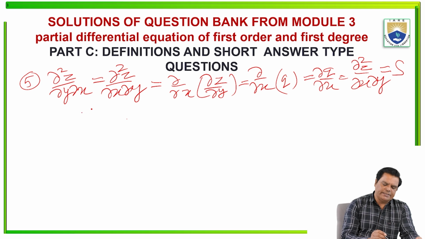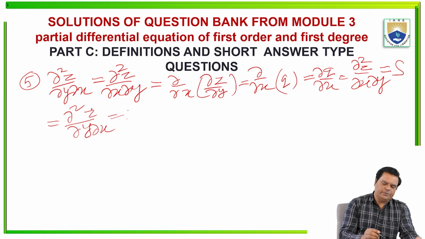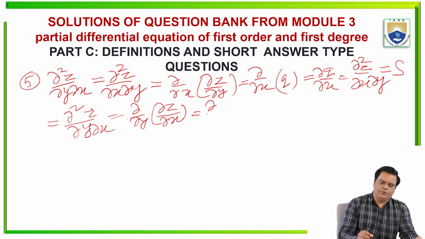Or we can write this result as ∂/∂y of ∂z/∂x. Here ∂z/∂x is p.